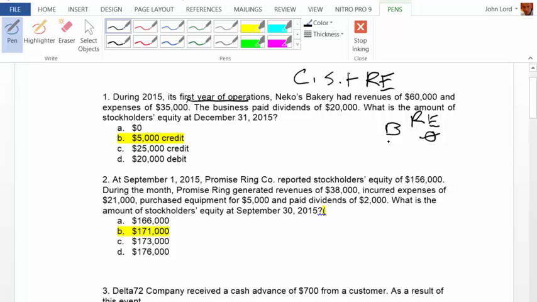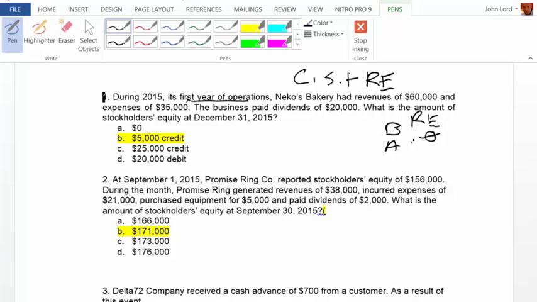Do I have an add here? What do I add to retained earnings? I add net income to my retained earnings, don't I?